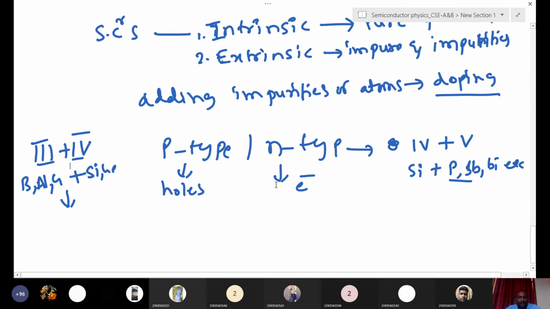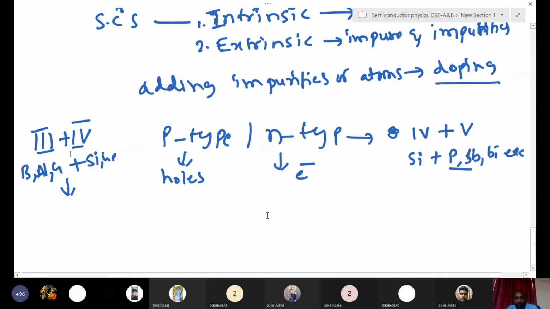Now we will see how n type and p type form. First we will take n type. Take phosphorus, a fifth group element. What is the valency of a fourth group element? Four electrons. Fifth group means valence is 5, so phosphorus has 5 electrons.